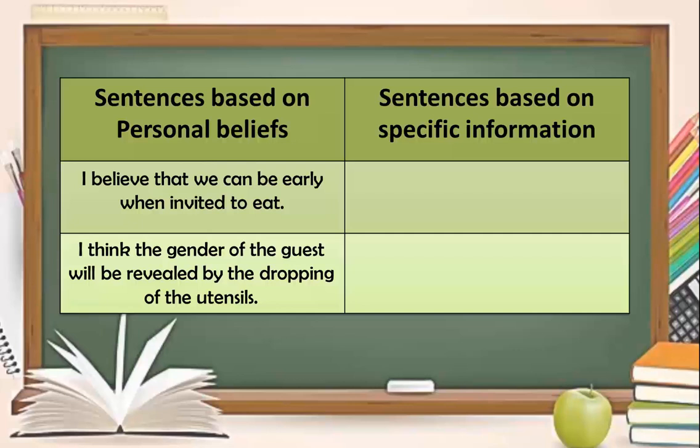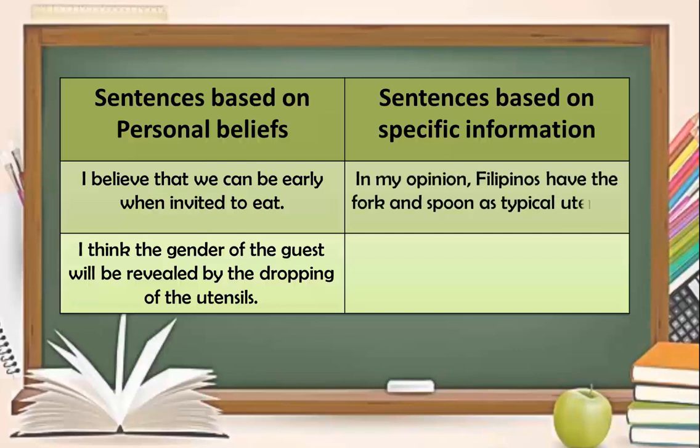Meanwhile, the sentences that are based on specific information are: in my opinion, Filipinos have the fork and spoon as typical utensils; and in my personal view, burping is acceptable. What is the information on which these statements are based? For statement 1, Filipinos have the fork and spoon as typical utensils.